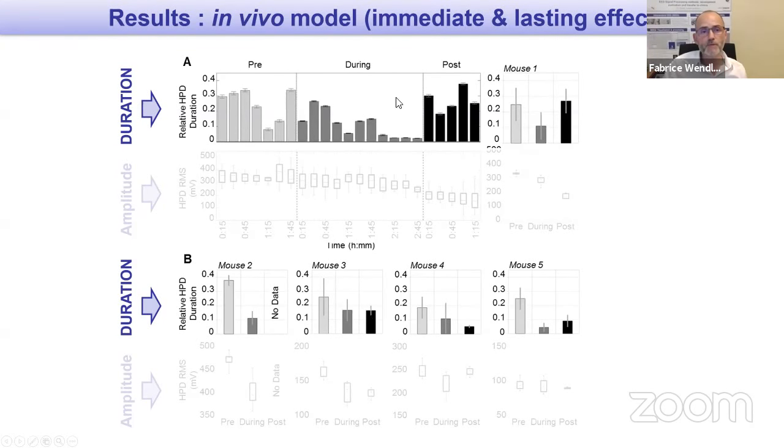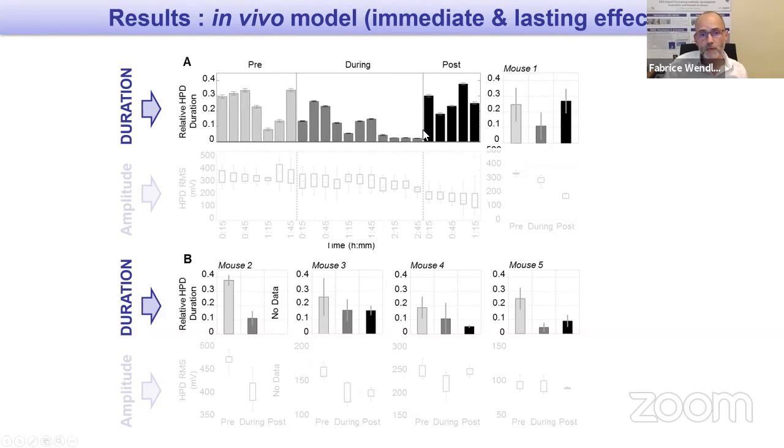These are the individual results, for 5 mice. As you can see, in all animals, during the direct current stimulation, there is a lowering of the HPD duration, and this is consistent. What we also observed, in 3 animals, is a lasting effect.